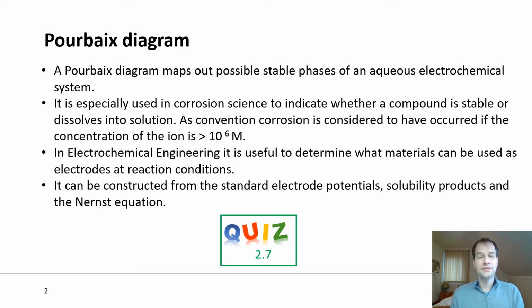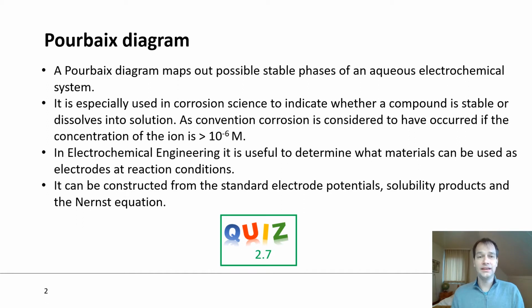Now, in electrochemical engineering, we use Pourbaix diagram especially for electrode selection to get a feeling of whether our electrode material is stable under the conditions we apply. So the conditions are both the potential, but also the pH. So it's important to know how the metal we want to use as electrode material behaves.